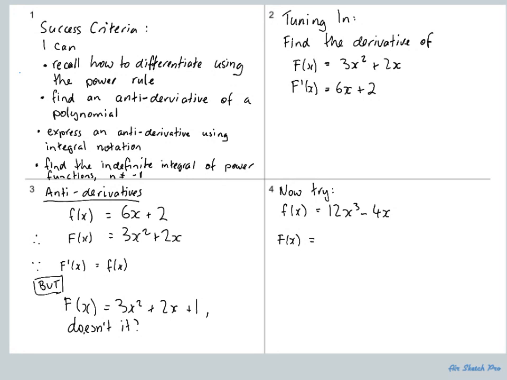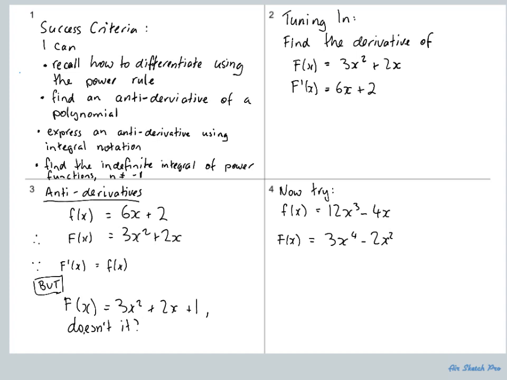So if you had 3x to the power of 4 minus 2x squared, that's pretty good.